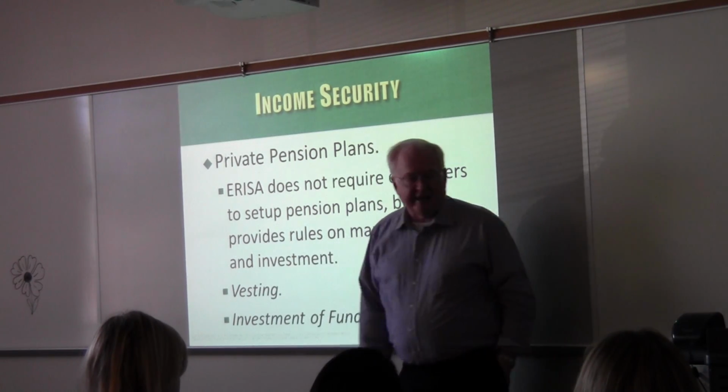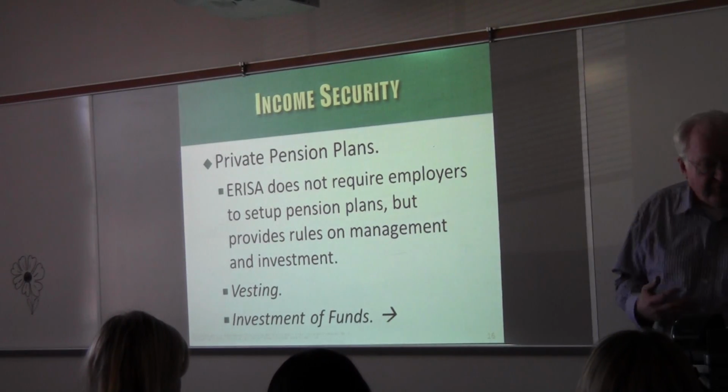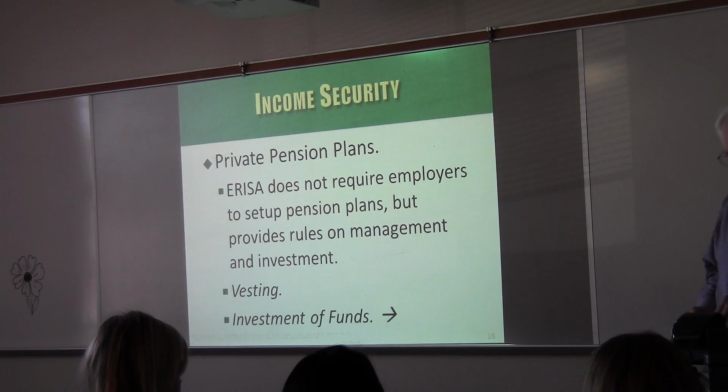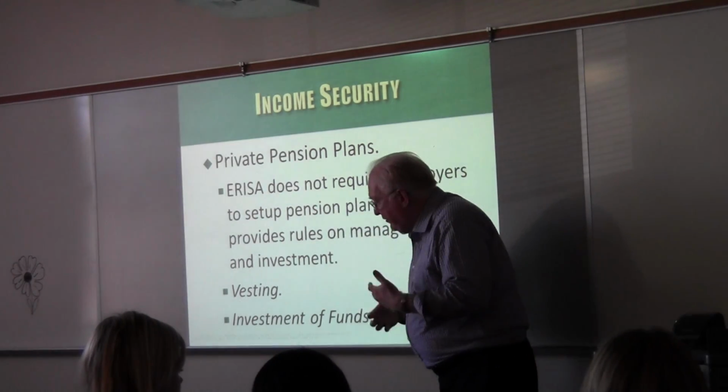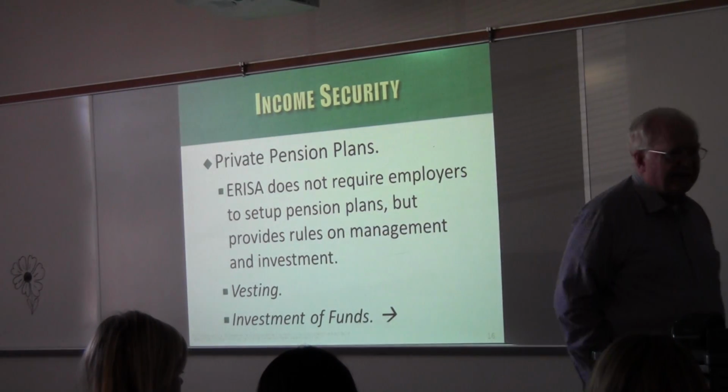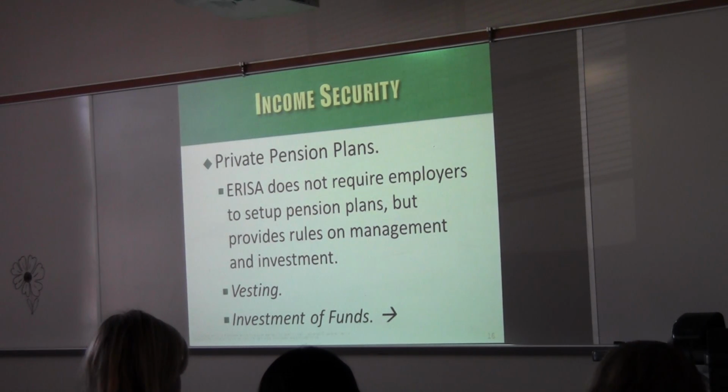I don't know if it was fairly common, but it was enough of a practice that it was one of the things that led to the passage of ERISA. So you have to have certain vesting requirements and certain requirements to invest in funds.